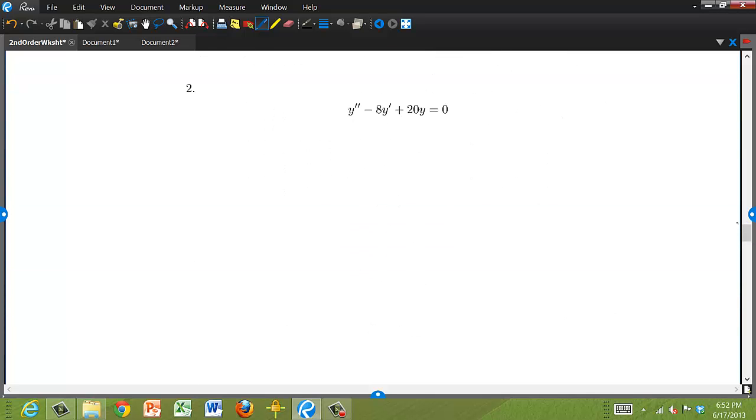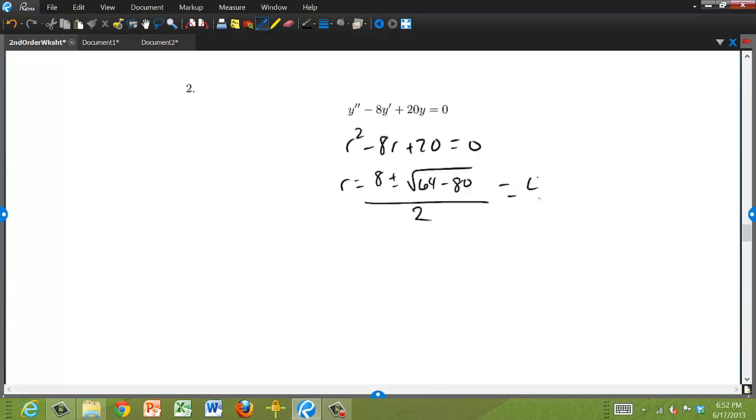Let's try another one. So this one, the characteristic equation would be r squared minus 8r plus 20 equals 0. Again, this won't factor, so let's try to use the quadratic equation. We'll have r equals 8 plus or minus the square root of 64 minus 80 over 2 again.